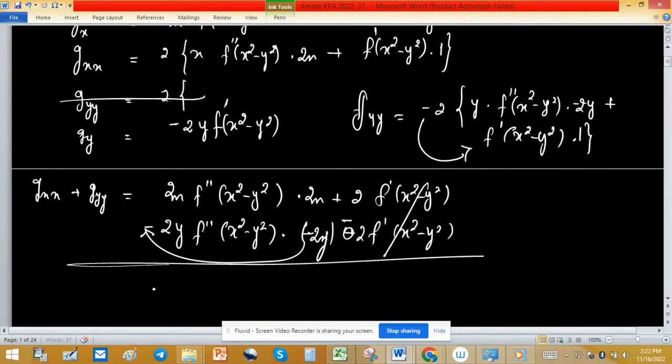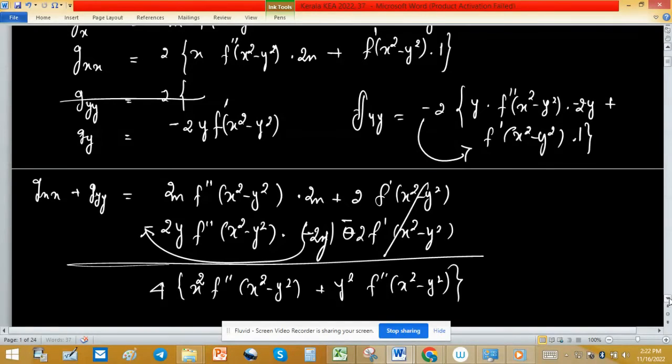We have 4 outside, x square plus y square, f double prime of (x square minus y square).